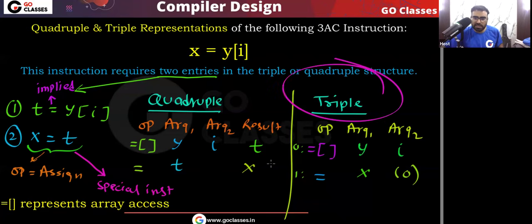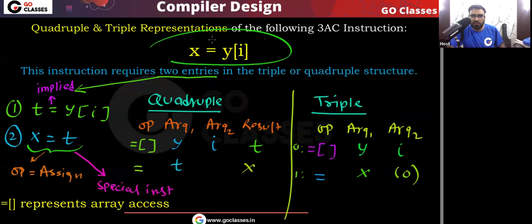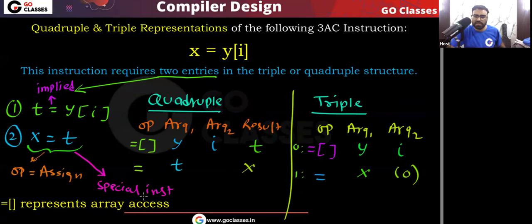In the triple representation, if you want to refer to the result of any operation, we do not use a temporary variable, we refer by the position. So this t in the triple representation simply means this position 0. So this will be your answer. I hope you understood. For this three address code instruction, this is the quadruple representation, this is the triple representation. I hope it has become very clear.